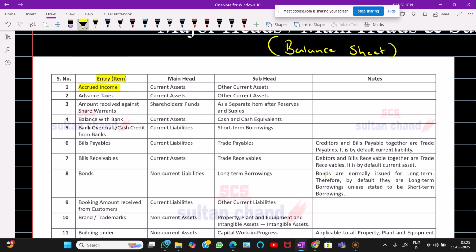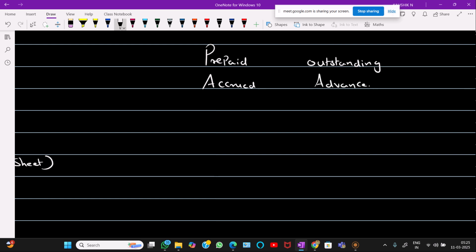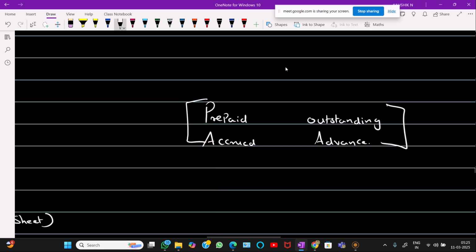You should understand that these four items, prepaid, outstanding, accrued, and advance, first of all belong to the current category.